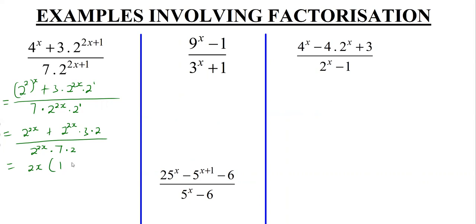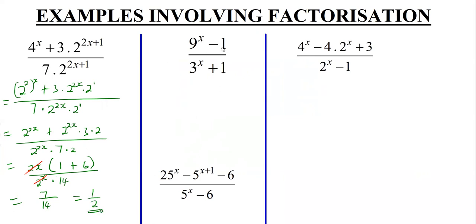On top, it's going to be 1 plus 3 times 2, which is 6, over 7 times 2, which is 14. We can put 2^x here and times 14. And here we cancel the 2^x and 2^x. And what we have is 7 over 14, which is 1 over 2, our final answer.